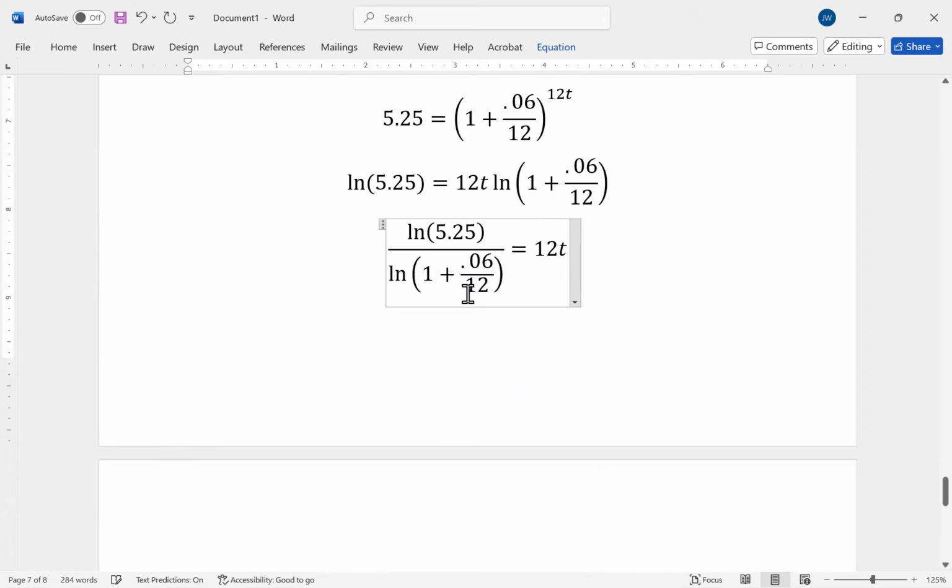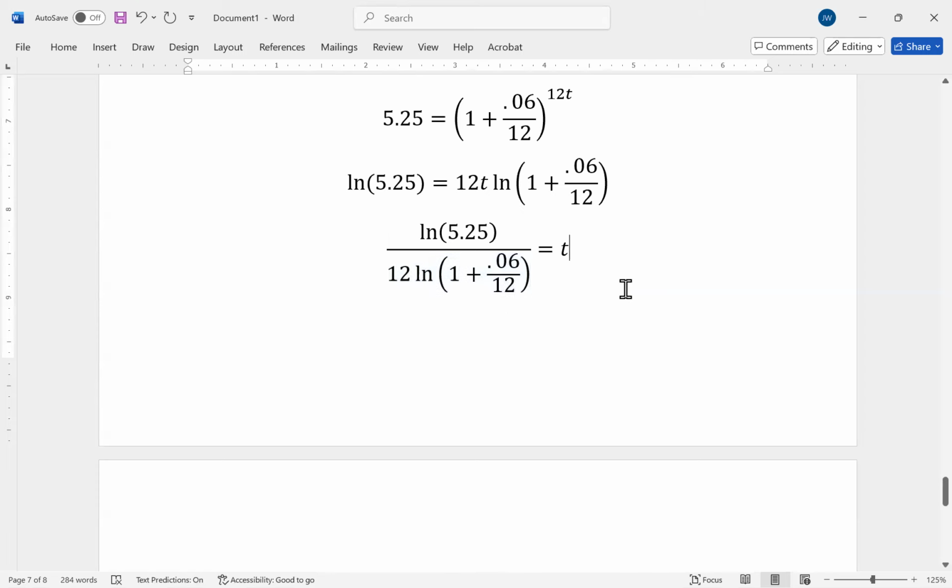Again, what I typically do when I'm writing it down is I just write the 12 in the denominator, but when I type it into my calculator, I type in natural log of 5.25 divided by natural log of 1 plus 0.06 over 12, and then hit enter and then divide it by 12.